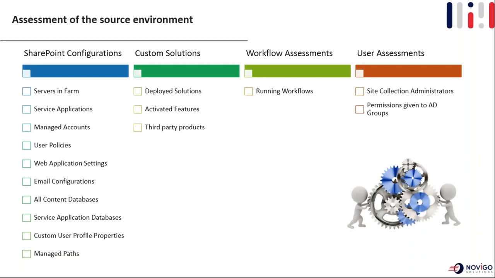Many of our customers have created a lot of custom user profile properties and are storing different values in them. Either they are synced from AD or they're getting information from a different database. All this information is available in the source environment and needs to be replicated in the target environment as well. You would also have managed paths created on the web applications at the source environment.